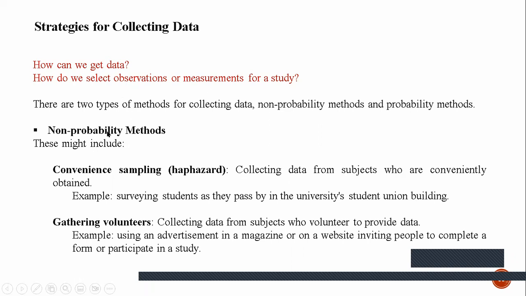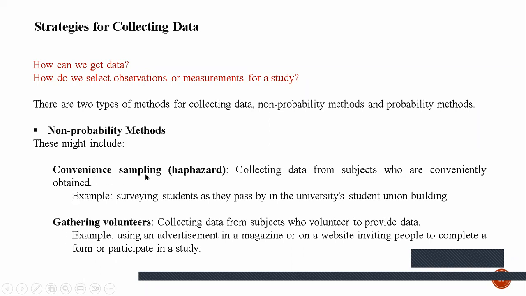If we go through the non-probability methods, in this non-probability method there are two types: the first one is convenience sampling and the second one is gathering volunteers.